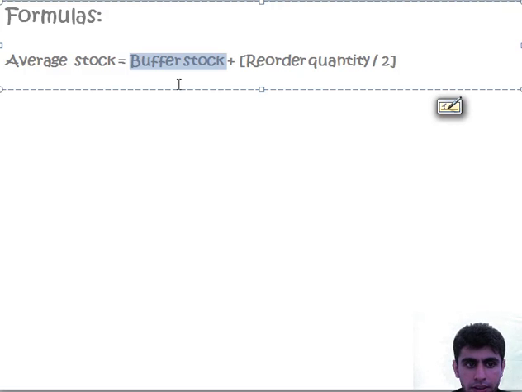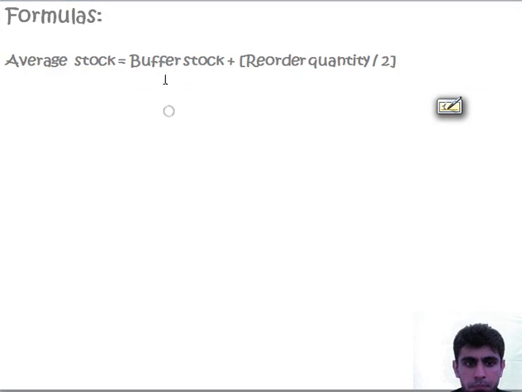So average stock is equal to buffer stock plus reorder quantity divided by 2. Please note that in some cases a business may not have buffer stock. If the business does not have buffer stock, then you're going to ignore the buffer stock here. In that case, average stock will simply be equal to reorder quantity divided by 2. So that's your average stock formula.